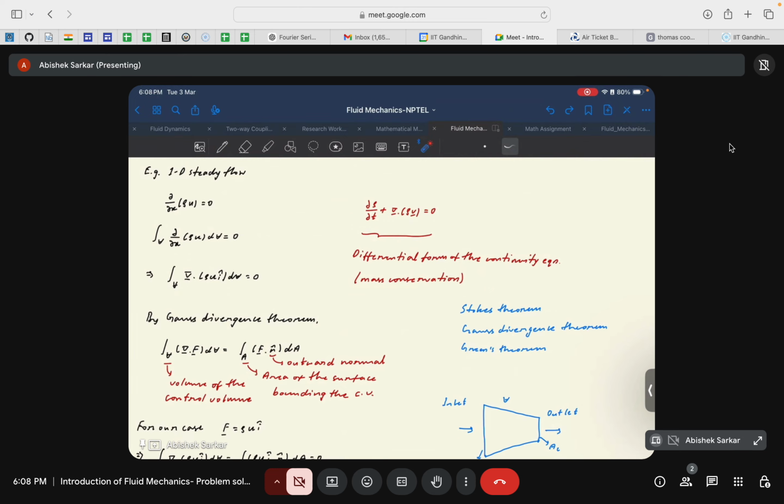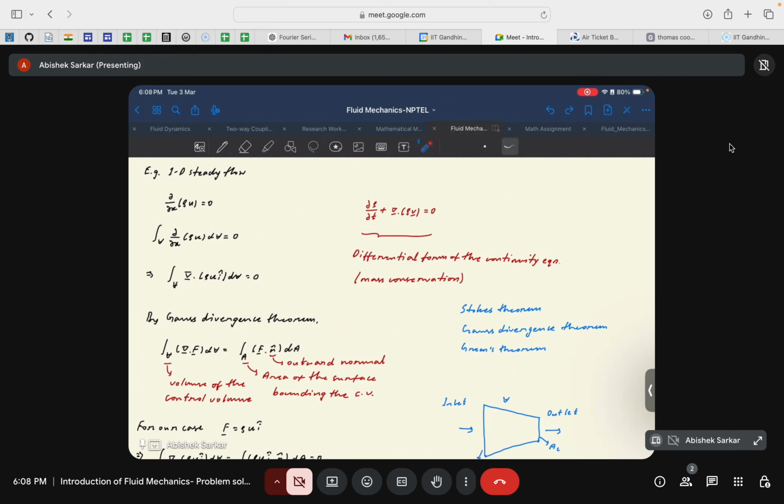Okay, so now if you convert this equation into vector notation, you can write it as such. The volume integral of divergence of rho u i cap dV would be equal to 0.